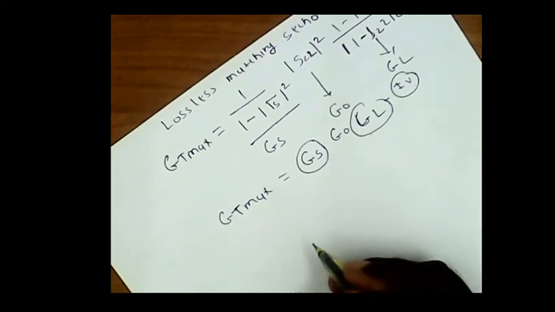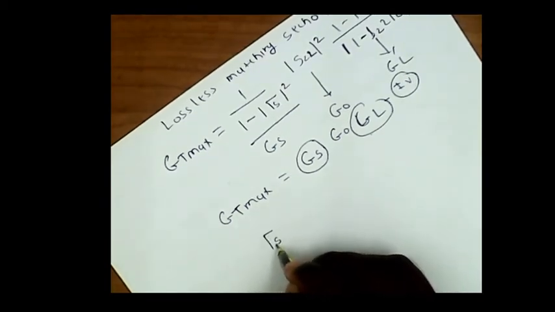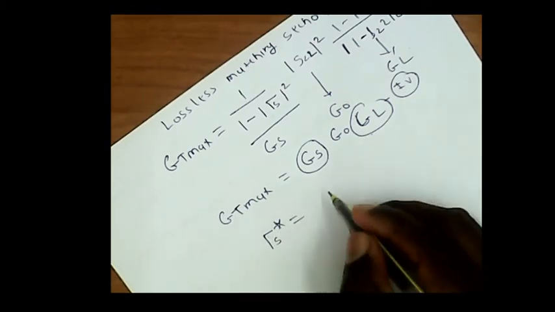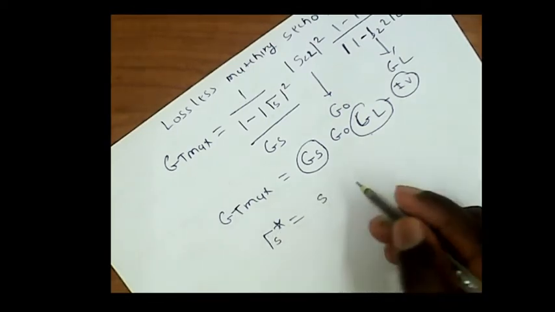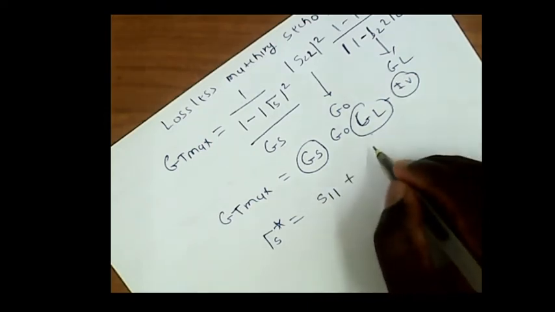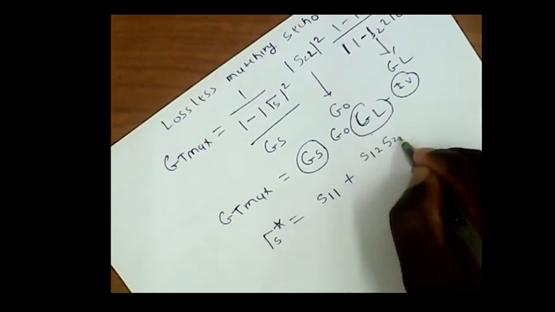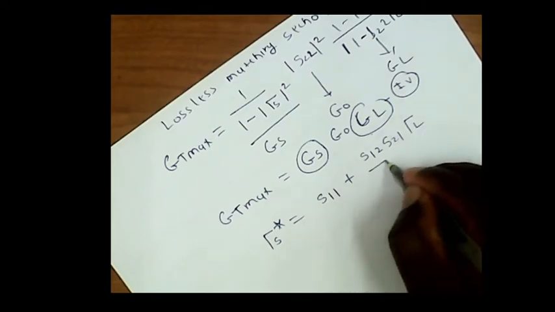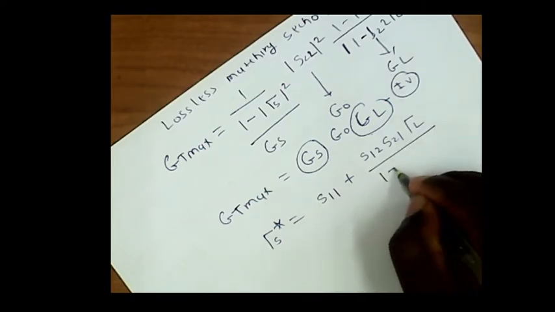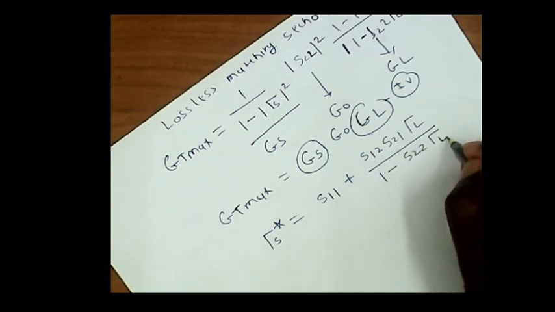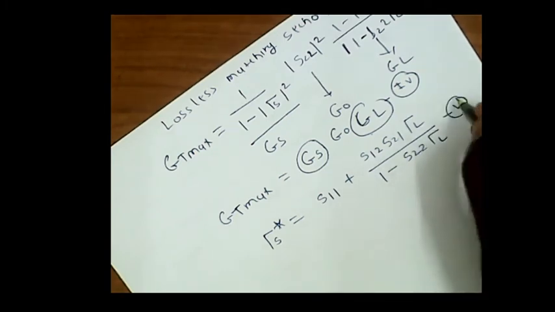So that is gamma S as the complex conjugate. So we can find S11 plus S12 S21 gamma L divided by 1 minus S22 gamma L. So this is equation number 5.